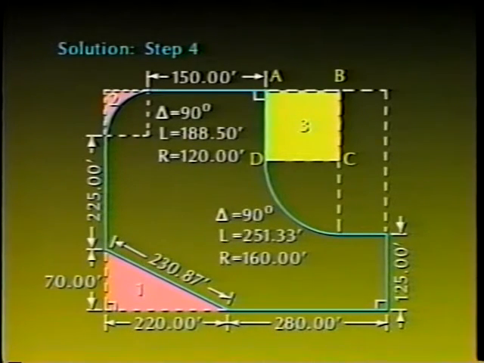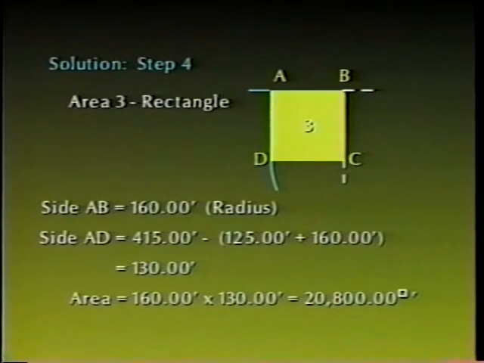Area 3 on our diagram is a rectangle designated A, B, C, and D. Here is the solution for area 3. Side AB is 160 feet long, which we get from the radius of the circle adjacent to it on the lower side.